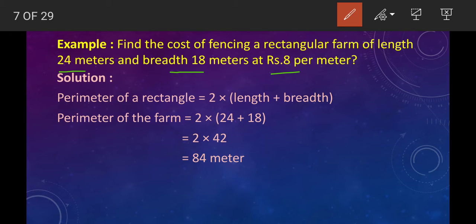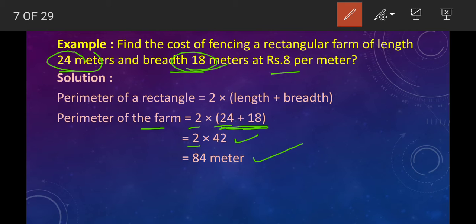Perimeter of the farm equals 2 multiplied by (24 plus 18). Adding 24 and 18 we get 42. So 2 times 42 is 84 meters. So the perimeter of this rectangular farm is 84 meters.